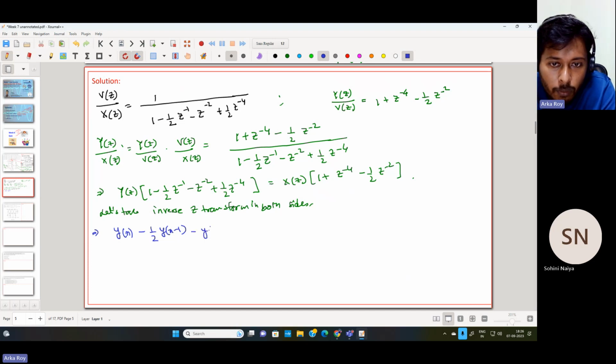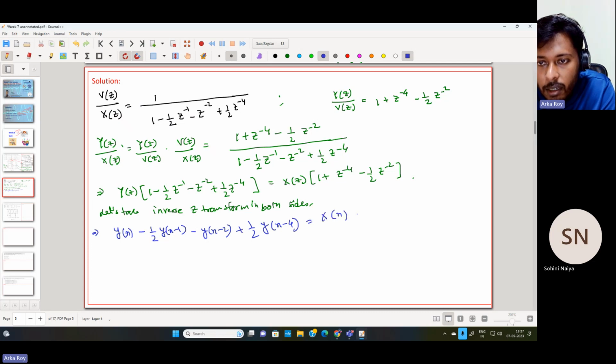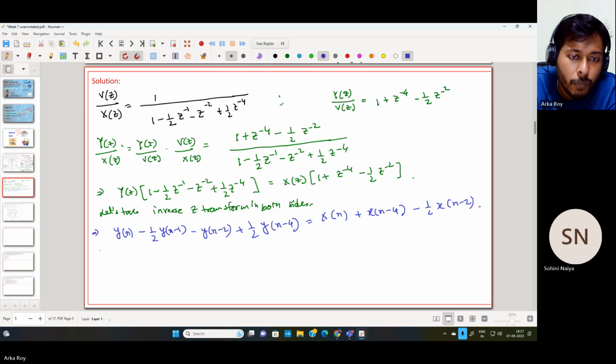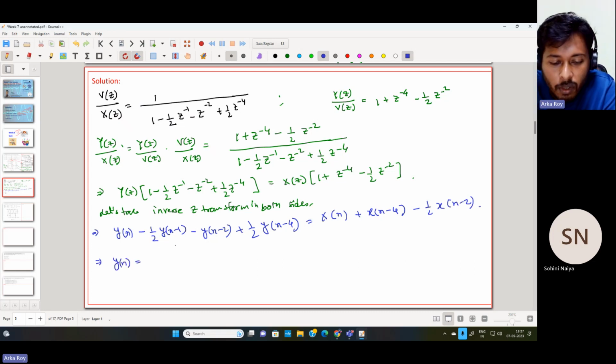Likewise, I will get y(n minus 2) because here I have a delay of 2, and then half y(n minus 4). So here I will get x(n) followed by x(n minus 4) minus half x(n minus 2). Now I just need to rearrange these functions.